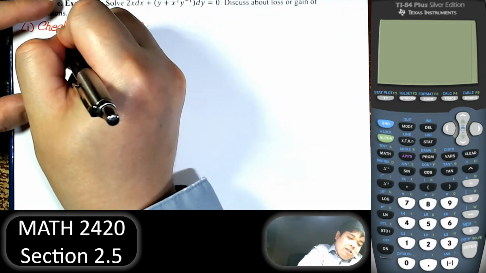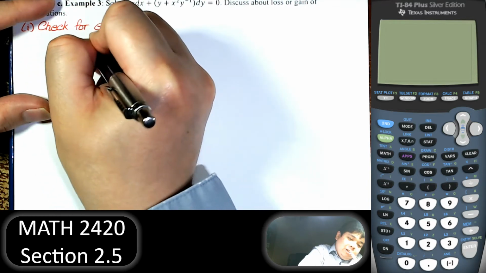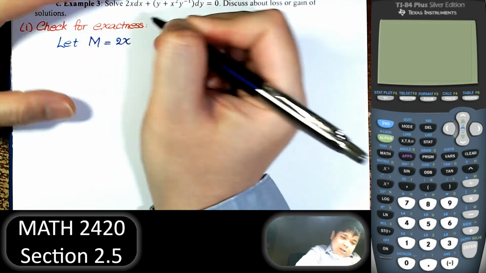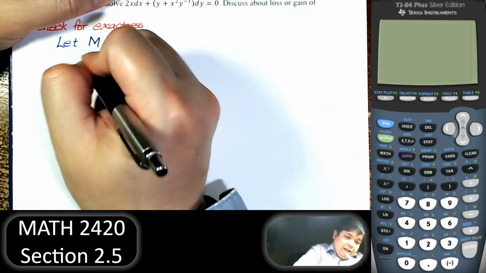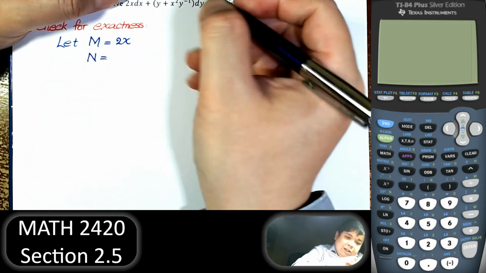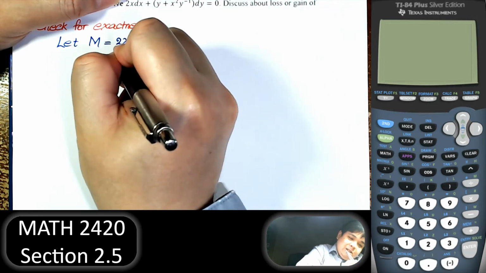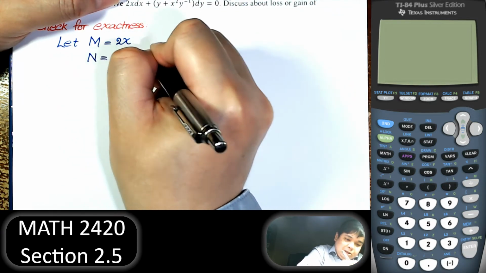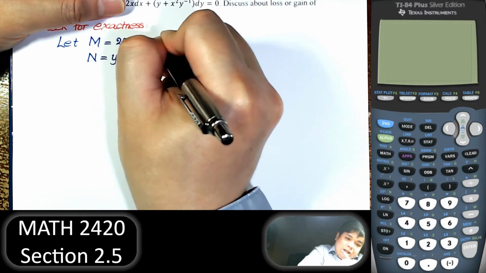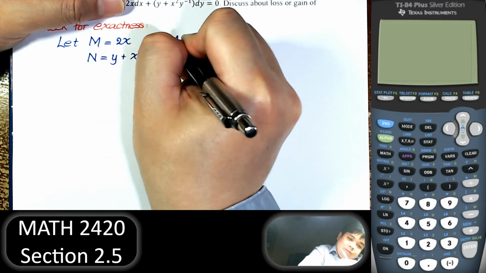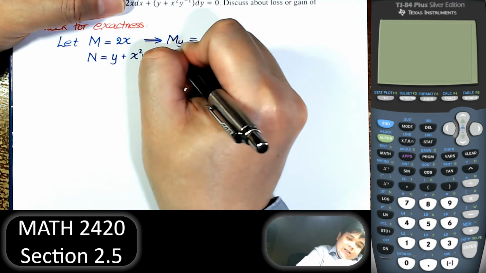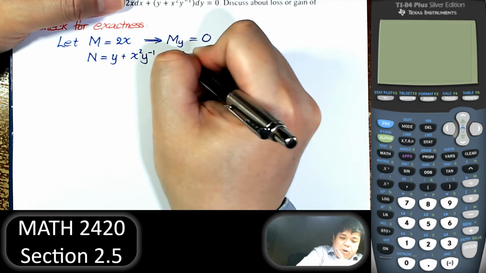M equal to 2x and N is that. So we'll take the derivative of M with respect to y and N with respect to x.